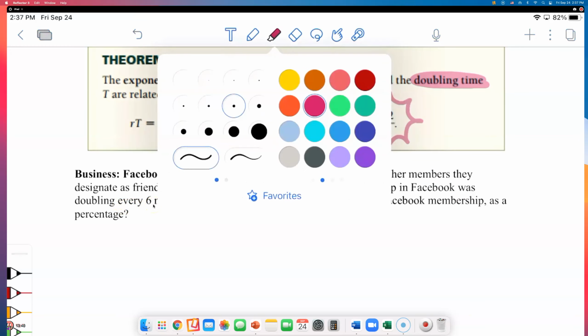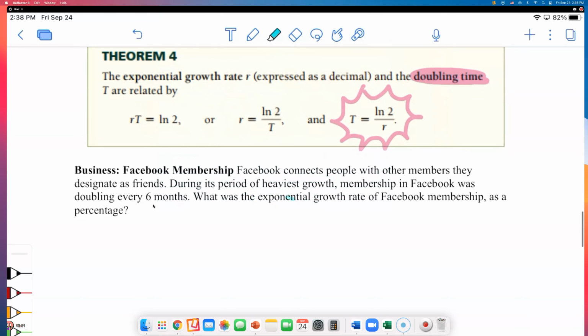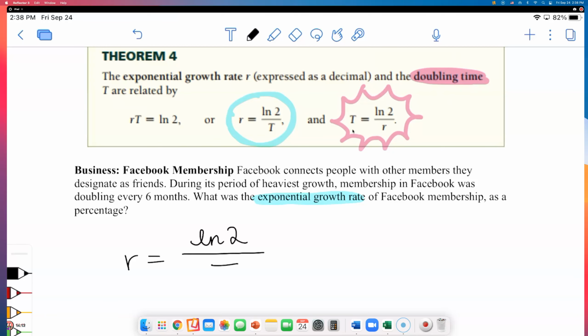Instead, they are asking for the exponential growth rate. They're looking for r. So I'm going to use this formula. All of these are just the same exact equation solved for a different variable. So the exponential rate is equal to natural log of 2 divided by doubling time t.